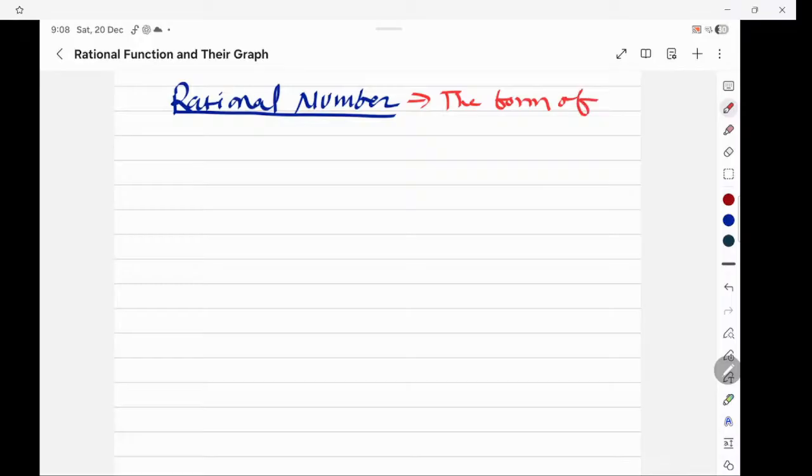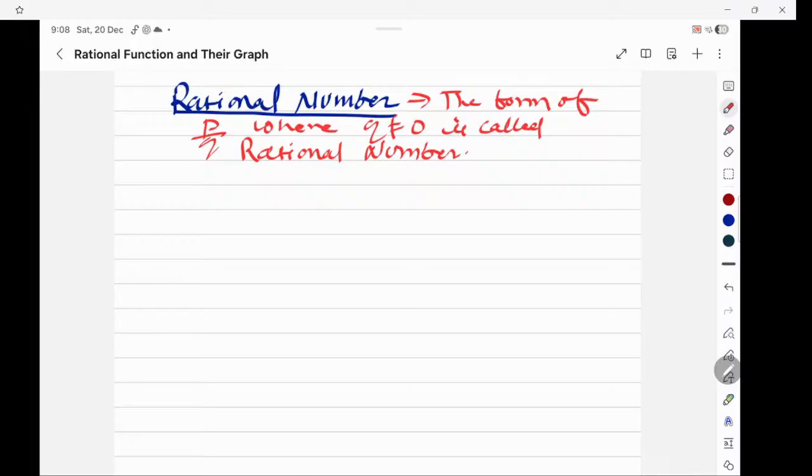A number of the form p over q, where q is not equal to 0, is called a rational number.